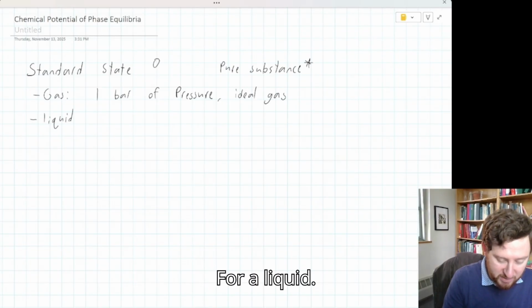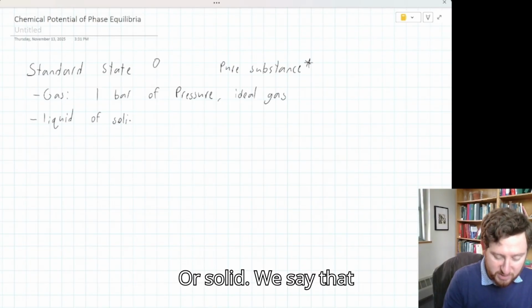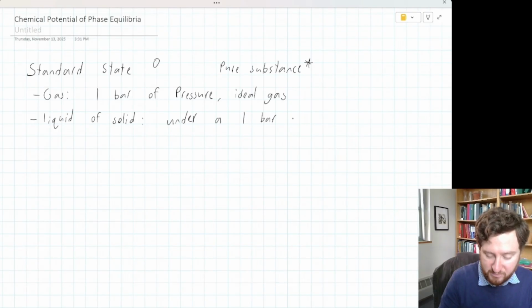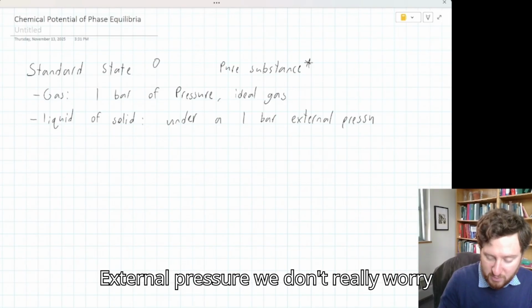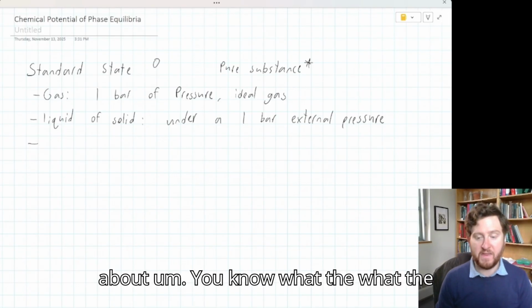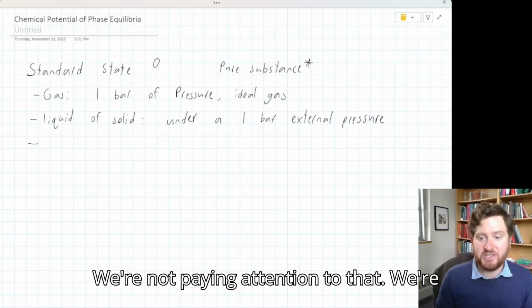For a liquid or solid, we say that it is under 1 bar external pressure. We don't really worry about what the thing that's applying the pressure is.